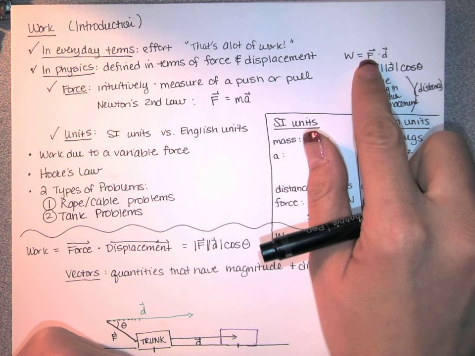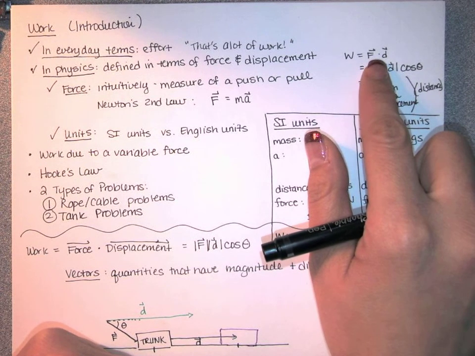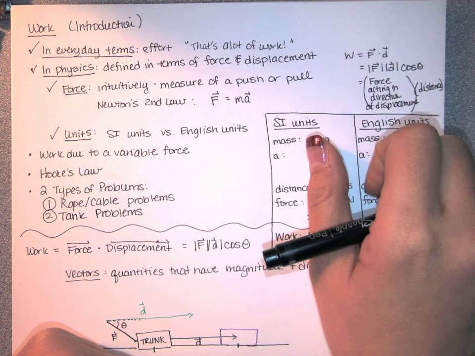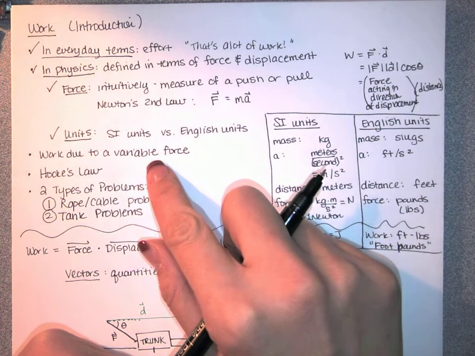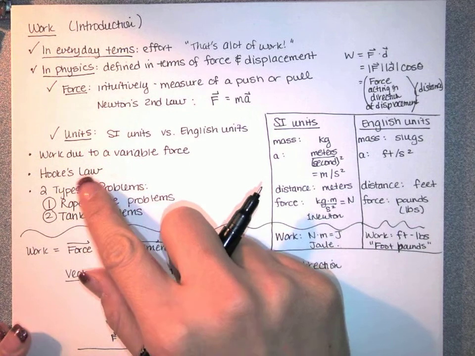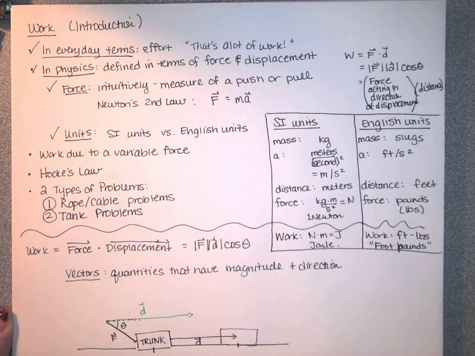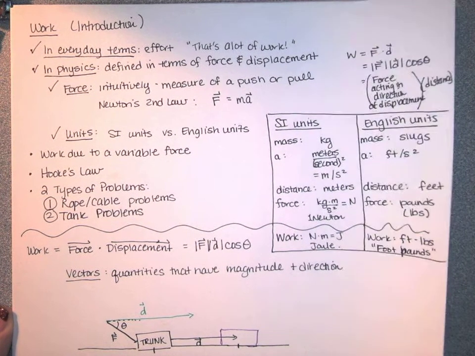This works very well whenever you've got a constant force or a constant displacement. But if the force is variable, we're going to need some calculus. And Hooke's law is a particular example of that. So let's look at an example problem.